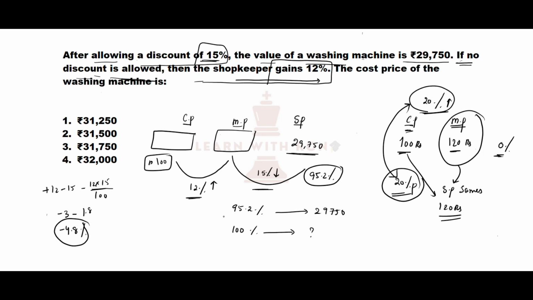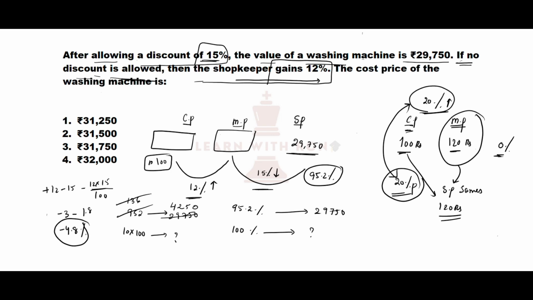See here, I can write this as 95.2 is to 29750 as 100 is to question mark, right? Now let's calculate.